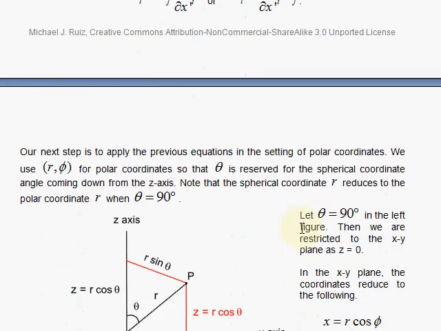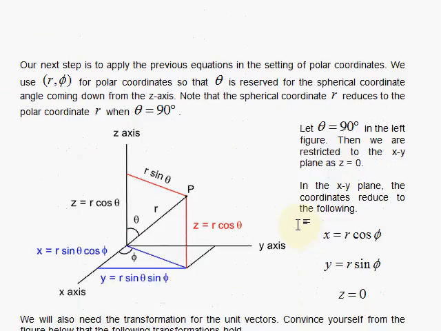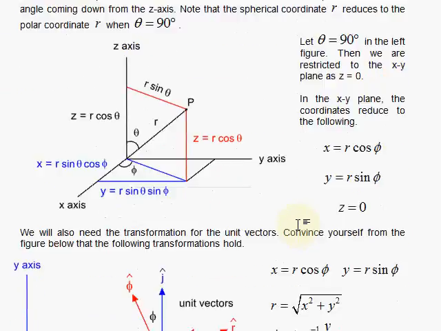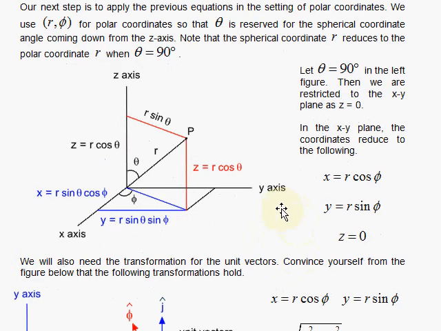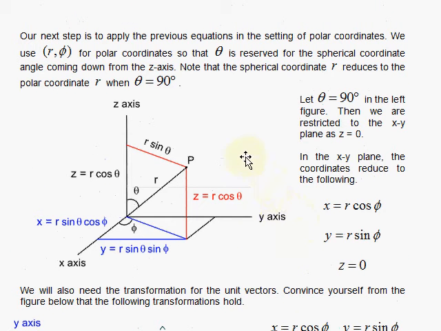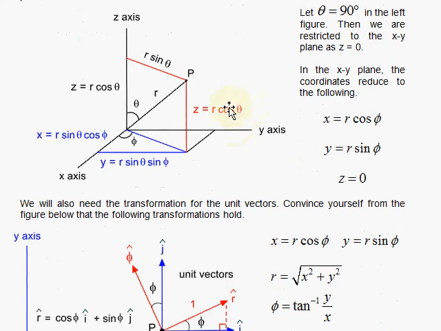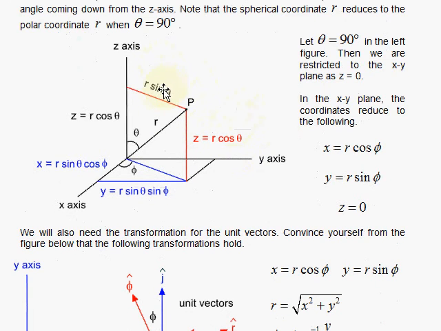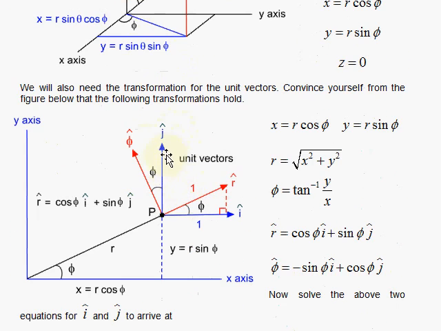So let's get some practice here with looking at polar coordinates. And here, first, we'll go with the polar coordinates, you can think of reducing your spherical coordinates down to 2 dimensions, where you just have, say, x and y.